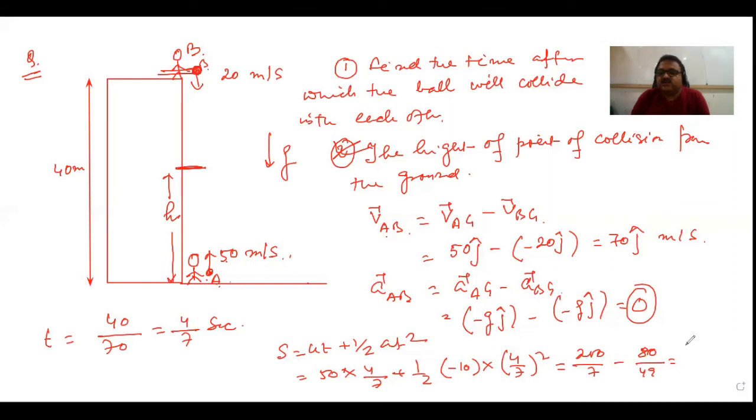So this is 1400 minus 800 by 49, that is 600 by 49 meter from the ground. It is around 14 point something meter. So this is the technique of solving sums related to relative motion. Now, let me show you another interesting problem.